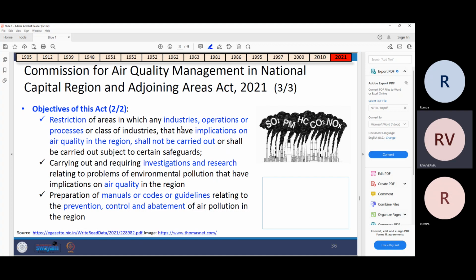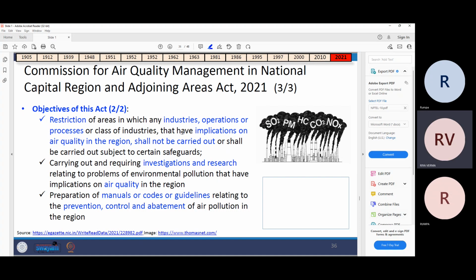Basically, some restrictions were also imposed in the areas which have certain industries, then carrying out and requiring investigations and research relating to problems of environmental pollution that have implications on air quality in the region.